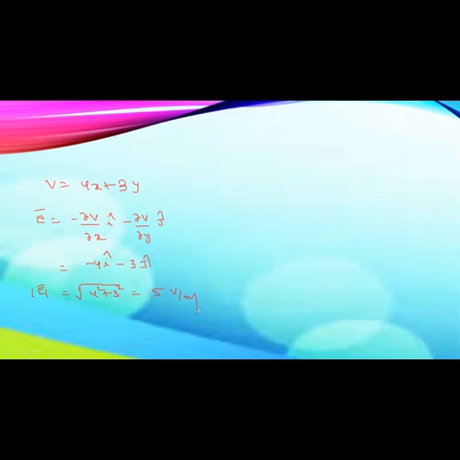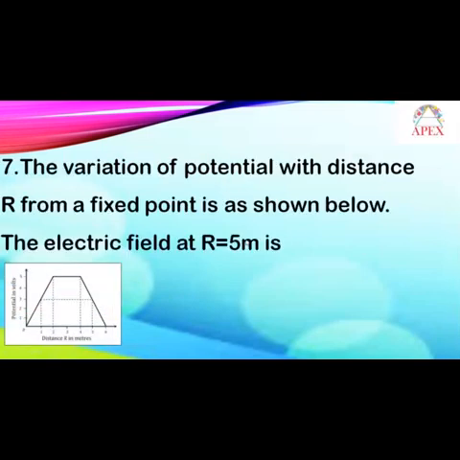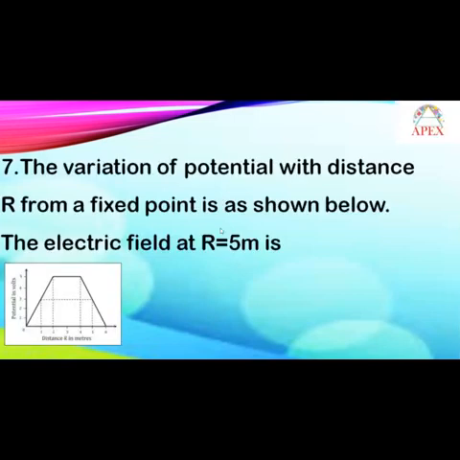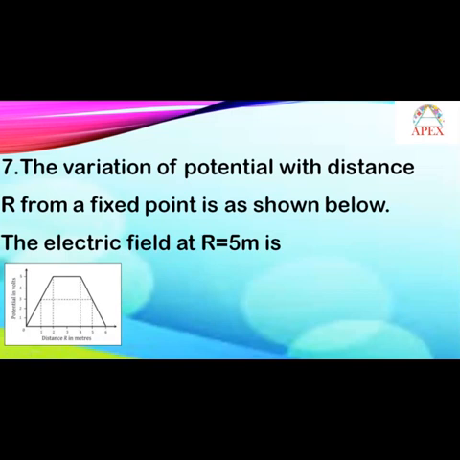Now, question number 7. The variation of potential with the distance r from a fixed point is as shown in the figure. The electric field at r equal to 5 meters is. Okay. In this particular diagram, a graph between distance and potential is given.